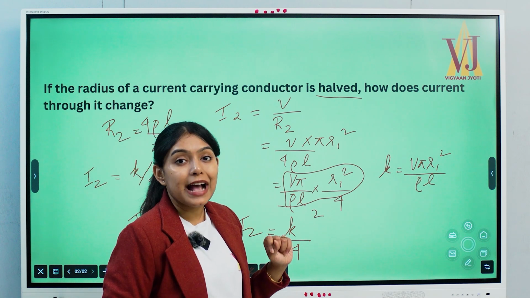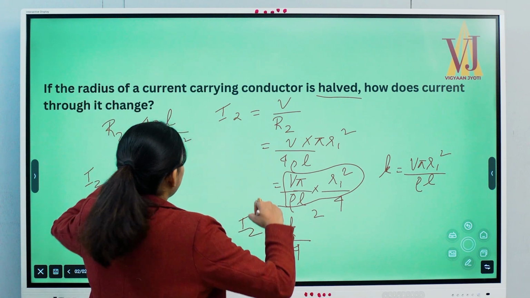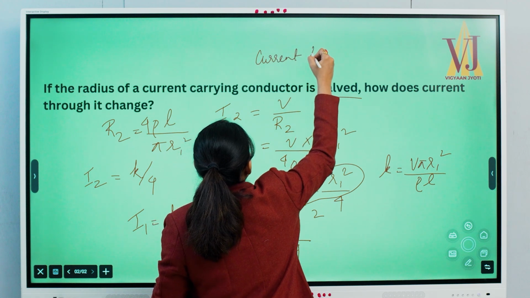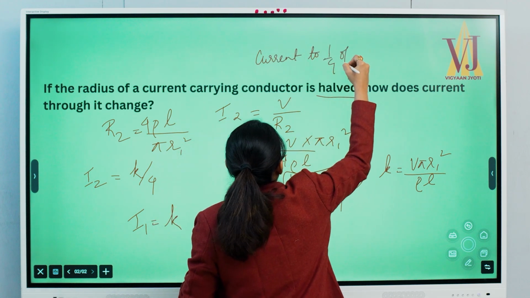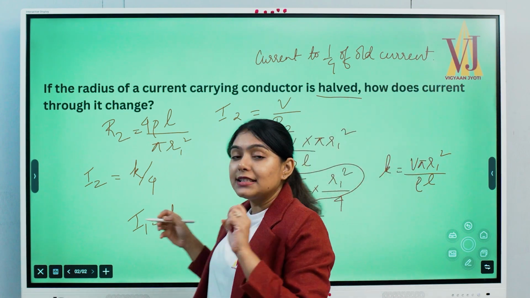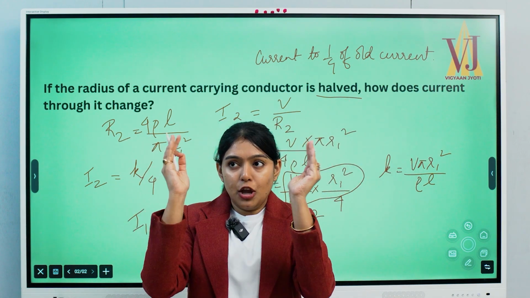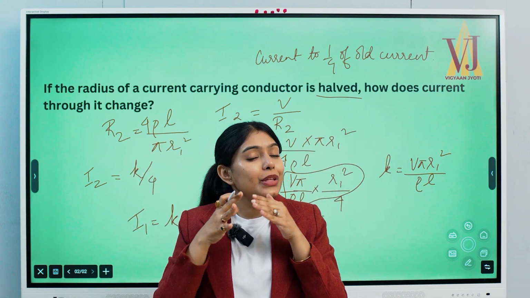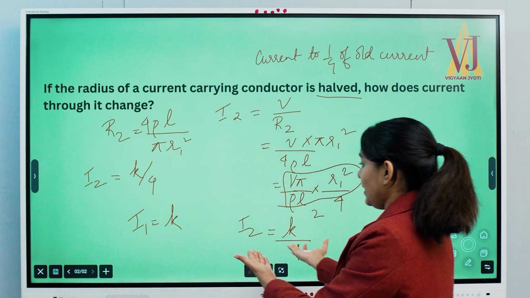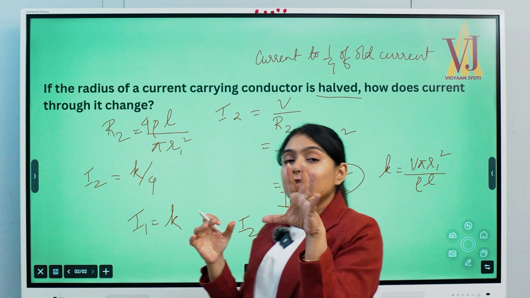That means my current has decreased. If my radius is halved, my current decreases to 1/4 of the old current. Did you understand how this became? Because definitely if your radius is decreasing, you are making the tunnel narrower. Don't you think it will be uncomfortable? The current will flow less. Understood?